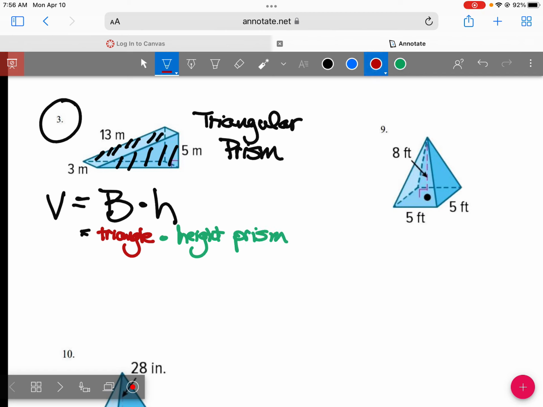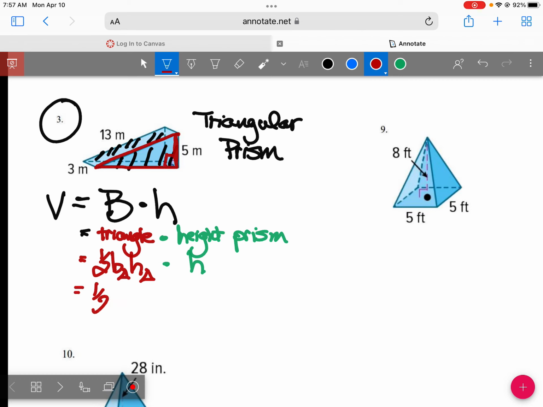This triangle is 1/2 times the base of the triangle times the height of the triangle, times the height of the prism. So let's focus on just this triangle right here, because that's what we're looking at for our base.